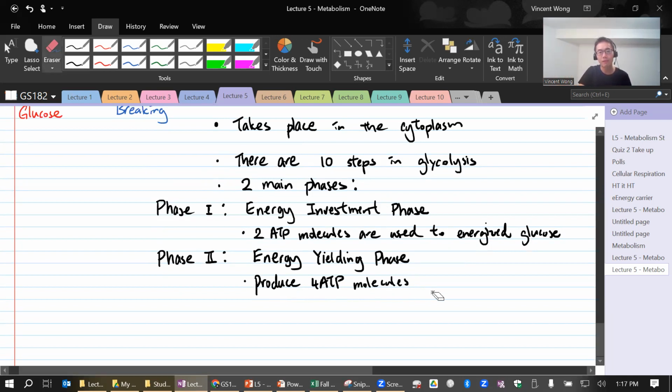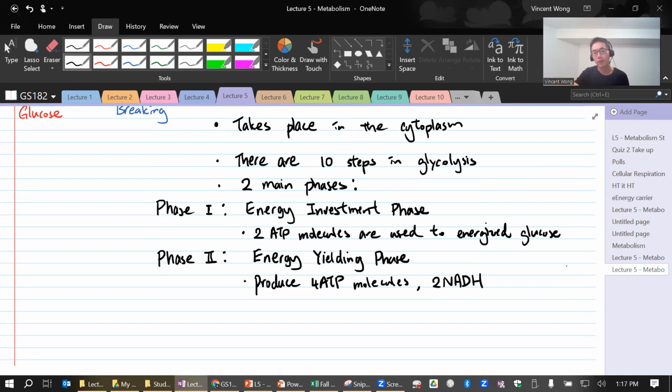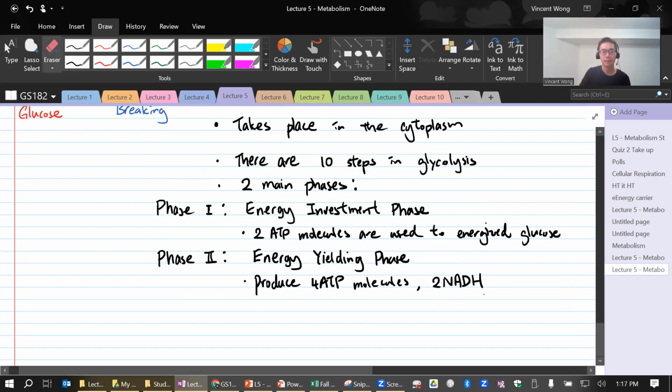So in addition to producing 4 ATP molecules, you will also produce 2 NADH. And at the end of it all, you get your pyruvate.